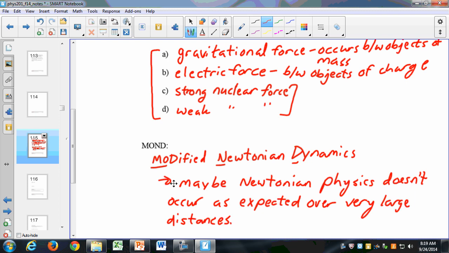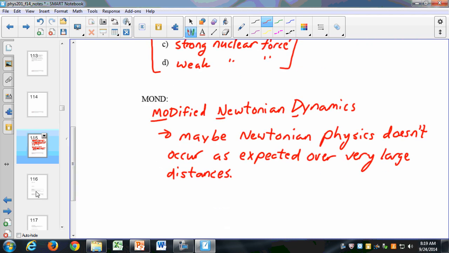And that could affect how we observe things that occur very far away from us. That's just an aside, just know that it exists.